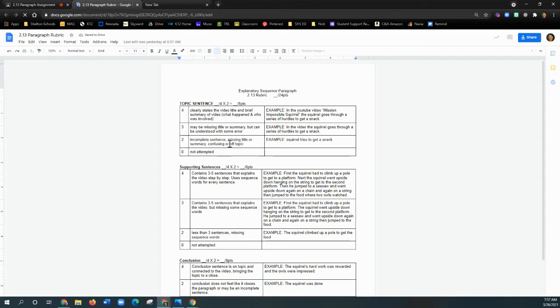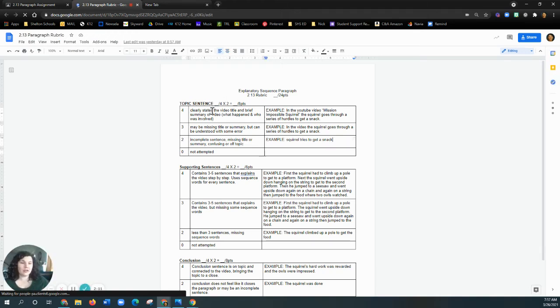Okay, so I have a rubric set out because in the directions I ask you to write a paragraph that has a topic sentence, 3 to 5 supporting sentences, and a conclusion. And so you're explaining the video, but you're doing it in this formula. So I have examples.